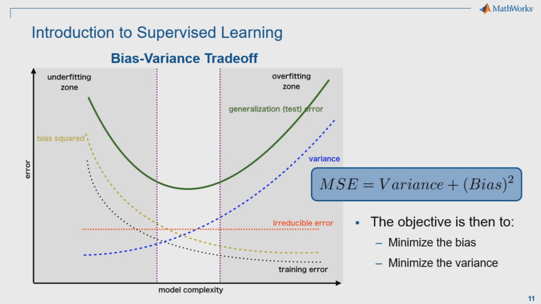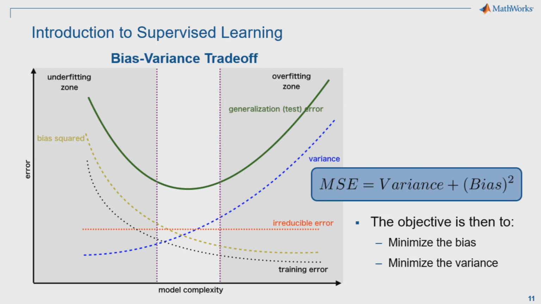So as the model complexity increases, the capability of your model to handle the noisy part of your dataset and the high variabilities that are present becomes smaller.